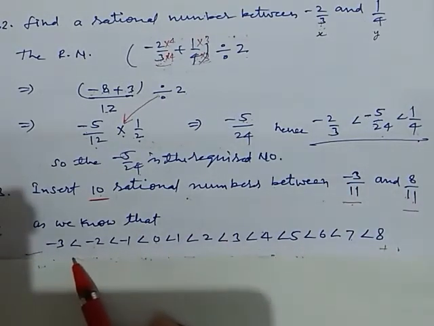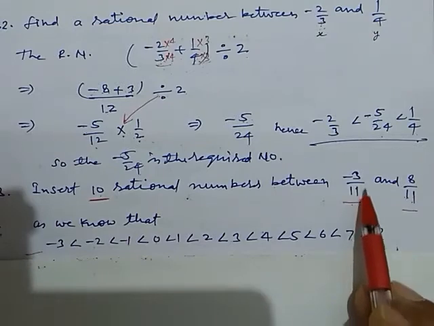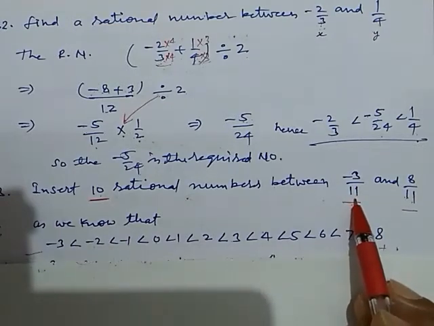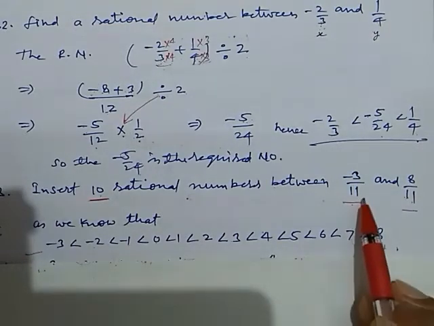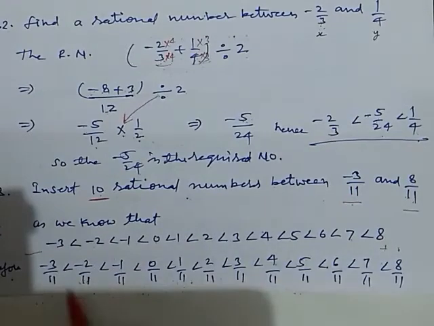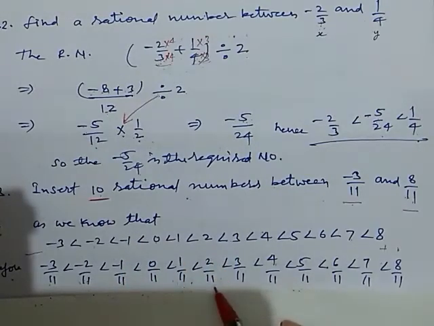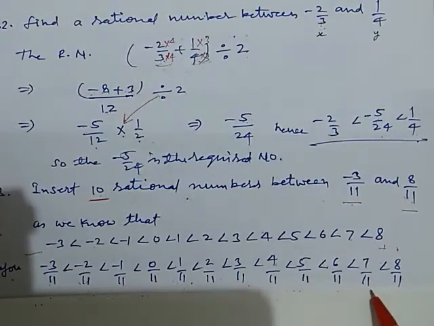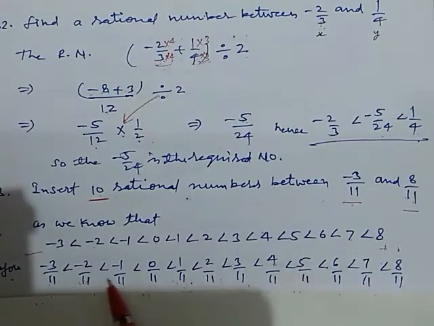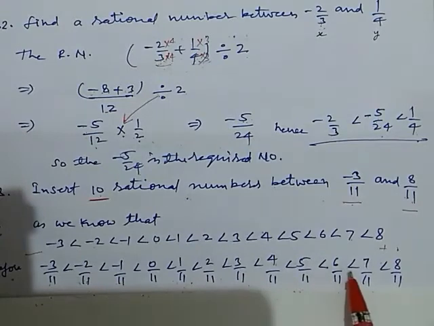So when we put the numerator and denominator both, we get minus 3 by 11, minus 2 by 11, minus 1 by 11, 0 by 11, 1 by 11, 2 by 11, 3 by 11, 4 by 11, 5 by 11, 6 by 11, 7 by 11, 8 by 11. These are in ascending order.